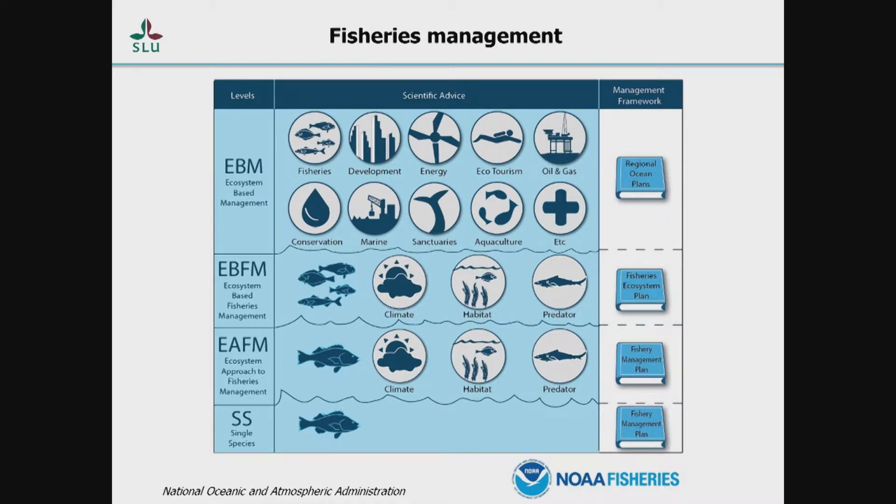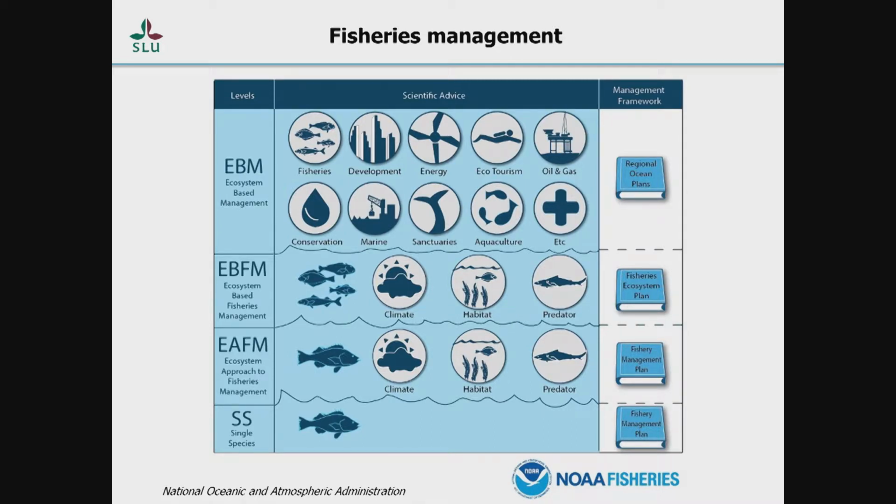Then we have another level of complexity that we can call the ecosystem approach to fisheries management, in which we consider this species or population within its environment. We take into consideration climate variations and suitable habitats for these species, and also interactions with other species, so if there are a lot of predators on the species, if there is a lot of prey, and so on.